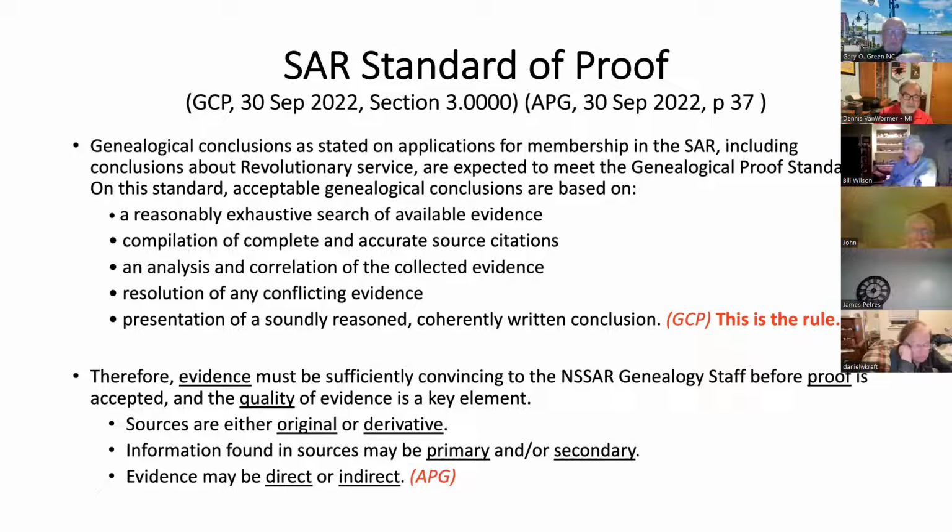In the APG, some verbiage kind of expands on that, and you'll notice that you'll continue to see the various terms that I brought up, I think, the second week. Sources can be either original or derivative, information can be either primary or secondary, and evidence can be either direct or indirect.